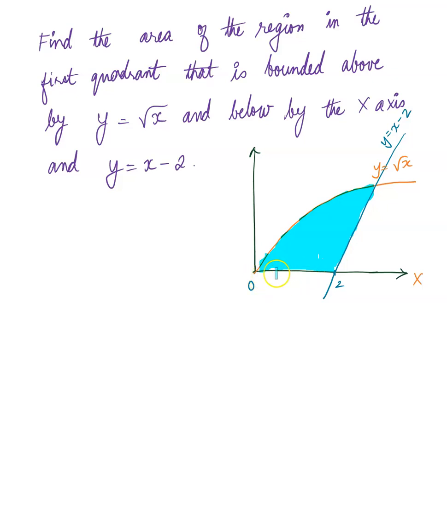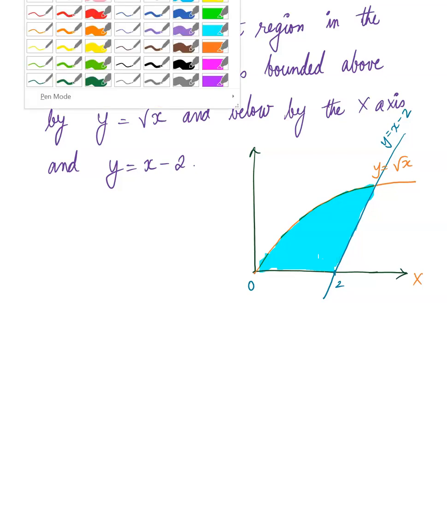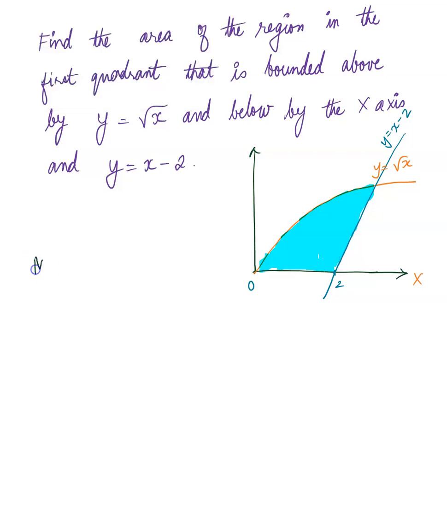You have the x-axis here, and you also have y equals x minus 2. So it's kind of challenging to see which one is the bottom function, right? So let's start with method 1 and see how we can use it to help us find the answer.